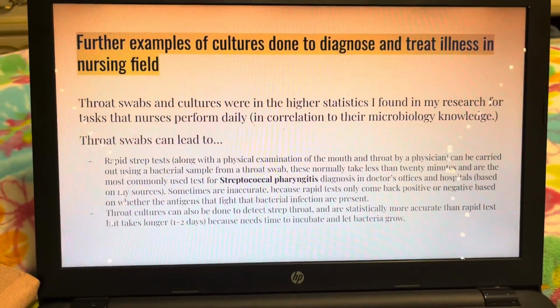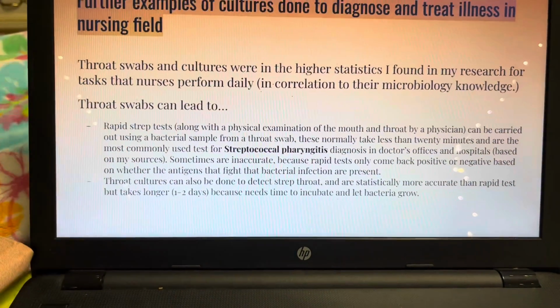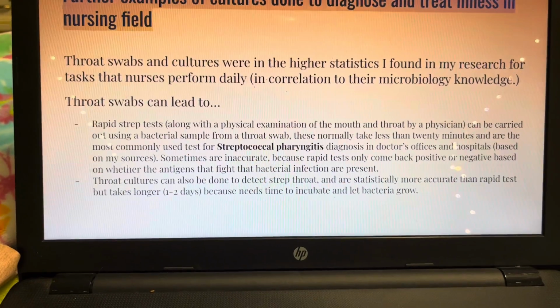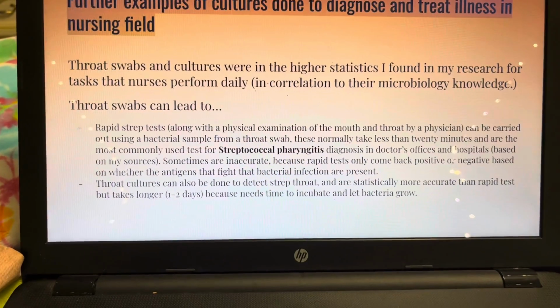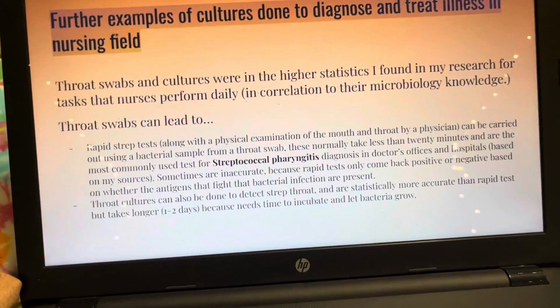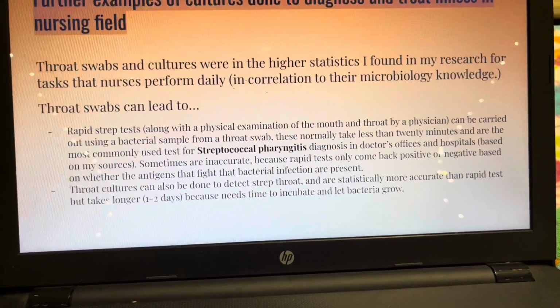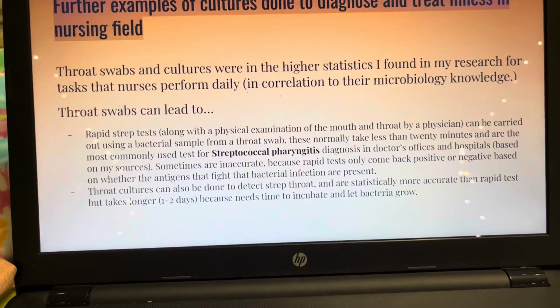And so that was the main difference between a rapid test and a throat culture, which takes longer. It'll take a day or two, and it can actually tell you what kind of strain you have of Streptococcus pyogenes, and what antibiotic would be best to treat it. So that's the main difference.